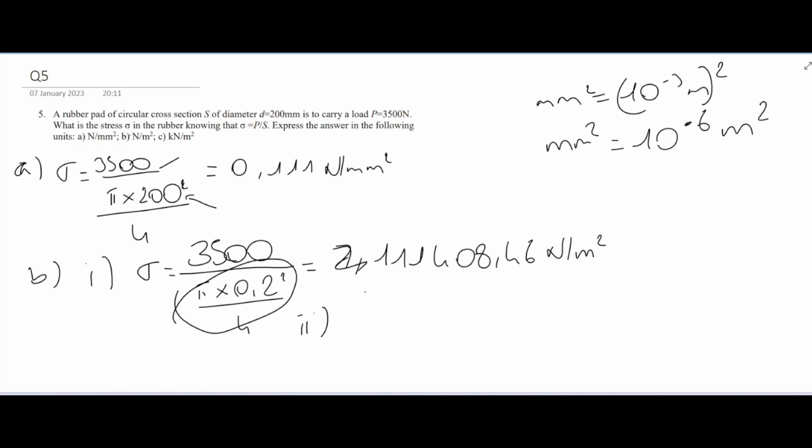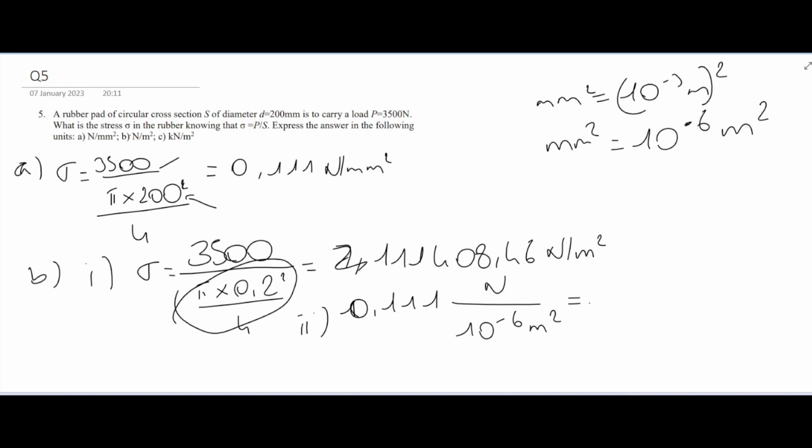So that would be 0.111 newtons, that doesn't change, divided by 10 power minus 6 meters squared. So dividing by 10 power minus 6 is the same as multiplying by 10 power 6.